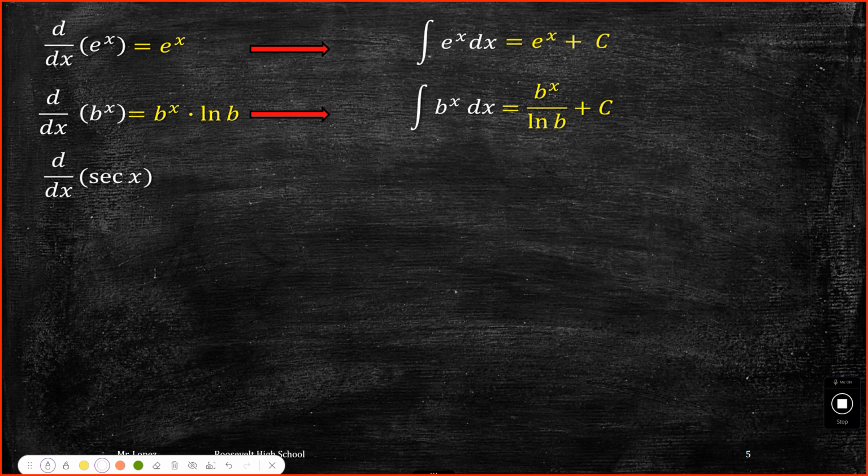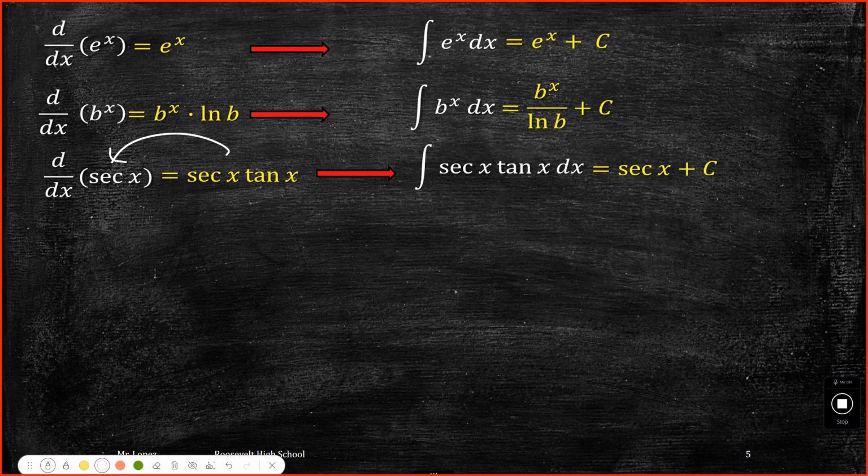What's the derivative of secant x? Secant tangent. So when you integrate secant x tangent x dx, it would be what? The integral of secant x tangent x is secant x plus c.